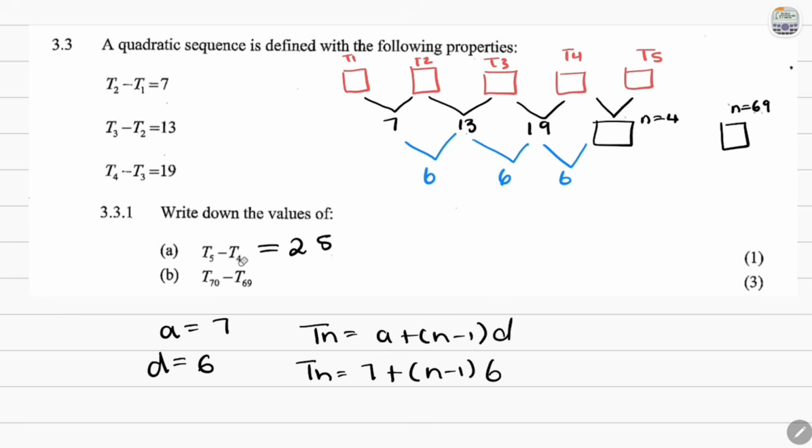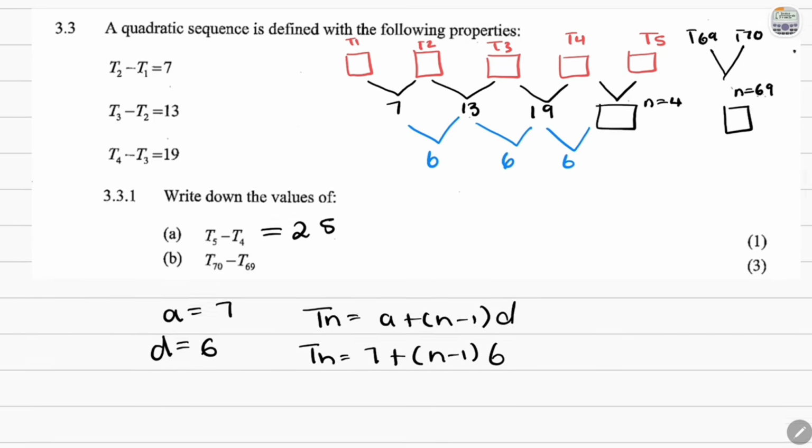Just like this one, term 4 in the first difference lied between term 4 and term 5 in the quadratic pattern. So it means that term 69 and term 70 would be subtracted to get term 69 in the first difference. Okay, so that's what that looks like. So we just need to find term 69.